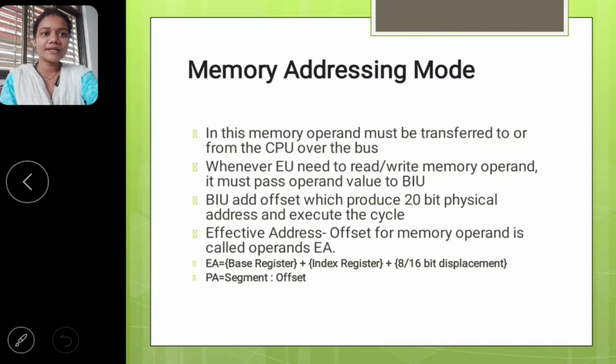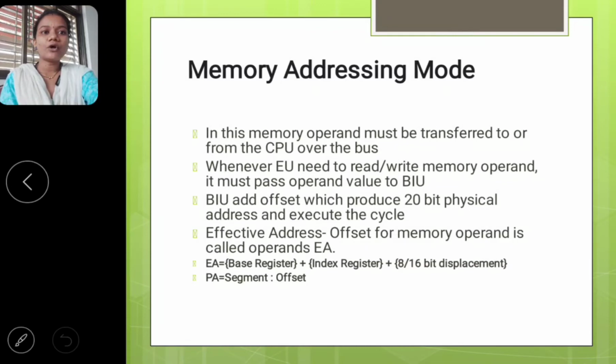Then next is memory addressing mode. In this memory addressing, the operand must be transferred to or from the CPU over the bus, at a memory location. So whenever your execution unit needs to read or write the memory operand, it must pass the operand value to the BIU.